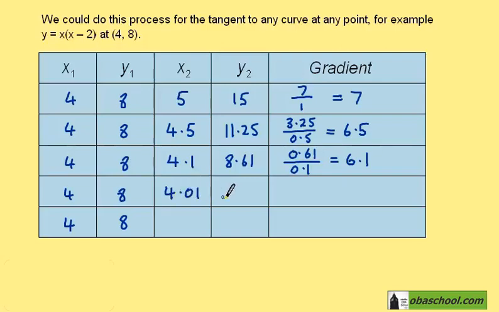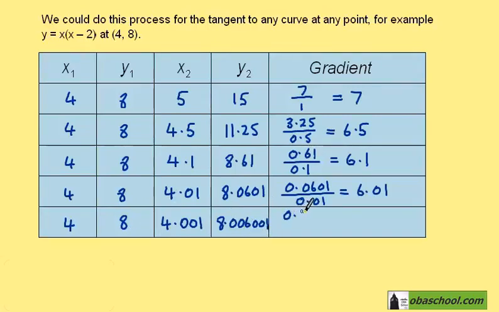If we went for 4.01, 4.01 times 2.01 is 8.0601. Our gradient then is 0.0601 divided by 0.01, which is 6.01. If we take 4.001, we multiply that by 2.001 to find the y value, and we get 8.006001.